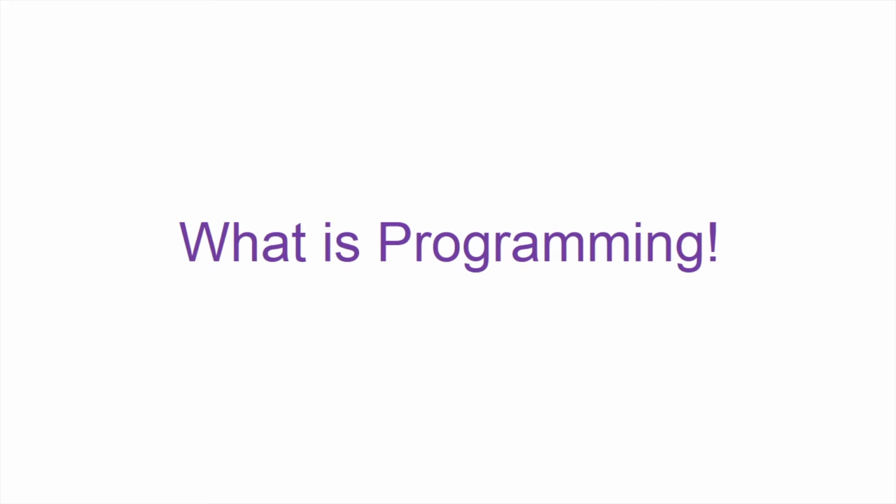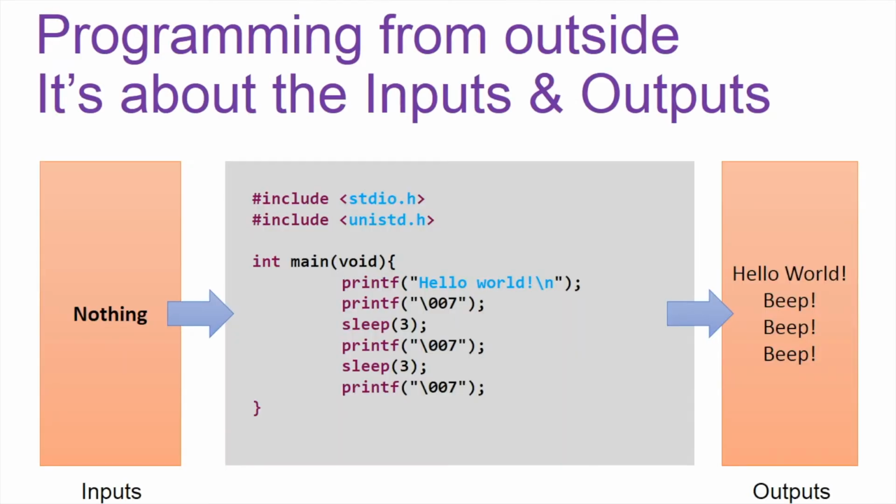Right now, I think we're in a better position to talk about what programming is from a system perspective. From outside, programming is just about inputs and outputs. You give some inputs to your program and it will output something.